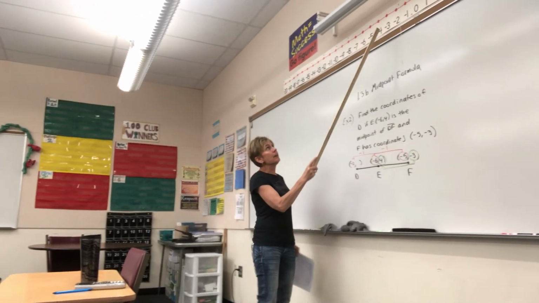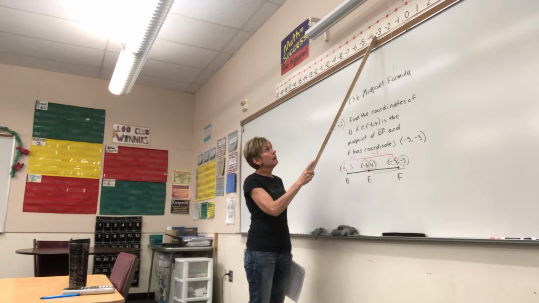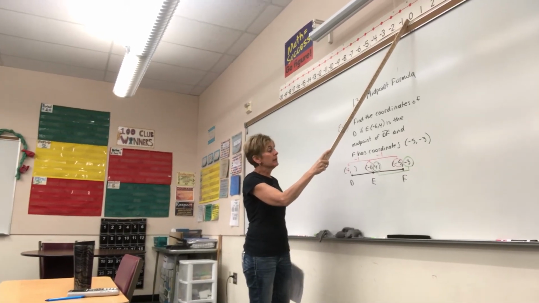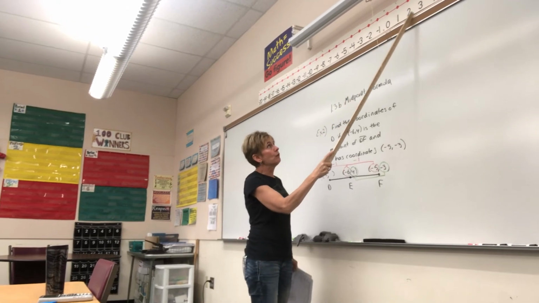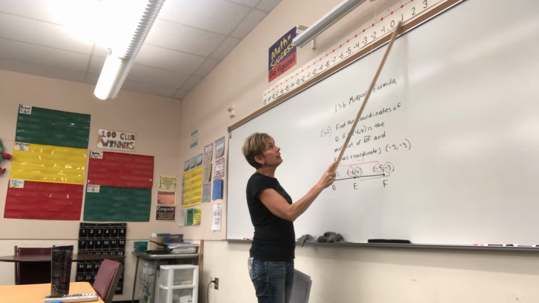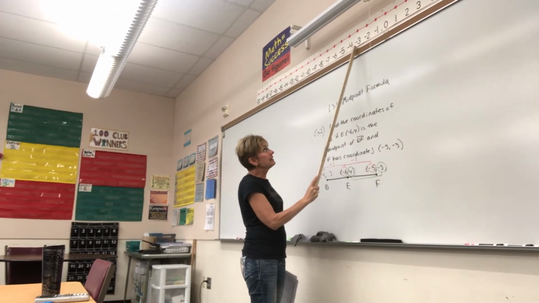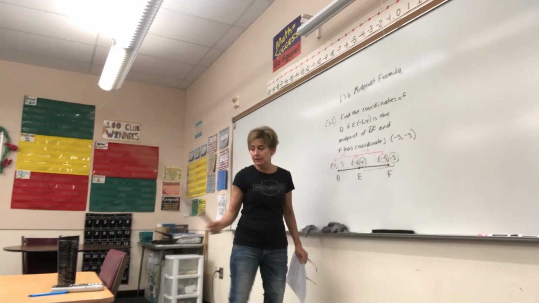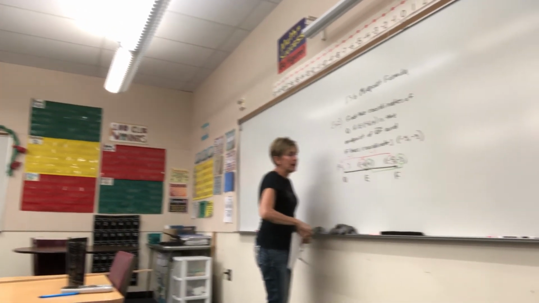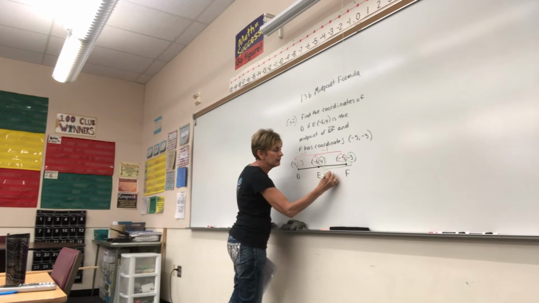If I started out at -3, first of all, I'd have to make it all the way to 0 by going 3 spots. Then to get to 4, I'd have to go 4 more. So I'm going 3 spots from here to here, and then 4 more. I am going 7 spots to the right. So I know that to get from -3 to 4, I have to add 7.